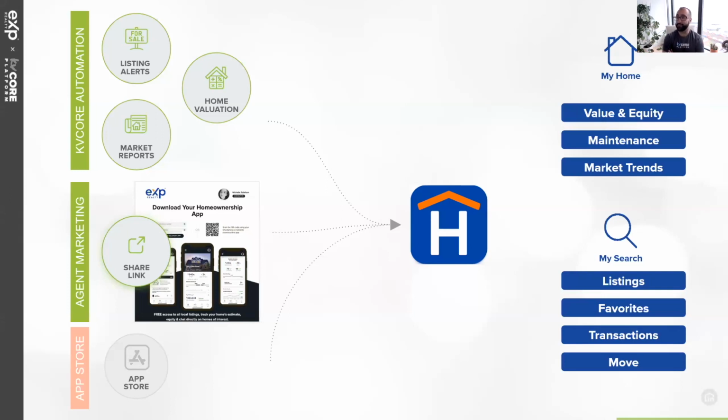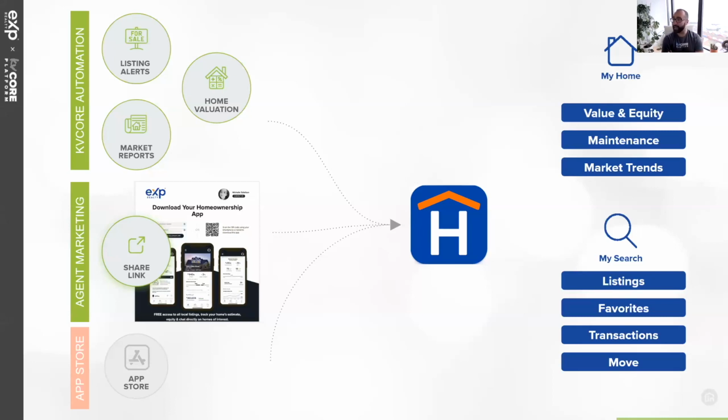They're not seeing these pages, because they need to go through your regular kvCore site, because we want to get their contact information. That's what that system is set up for. So if you have your contacts in kvCore, go ahead and add them to some automation. If you don't have them in kvCore, listen to Sylvia and go ahead and add them to kvCore and then get them on some automation. Now, this is a brokerage branded app, right?